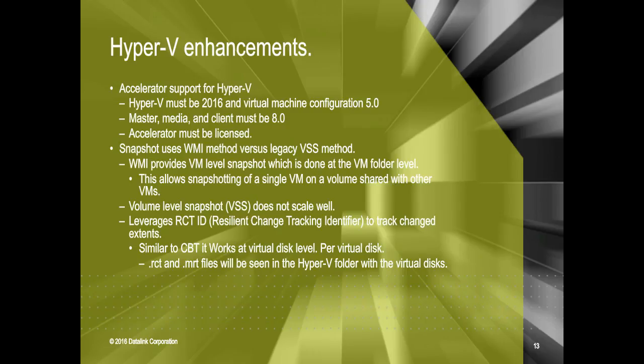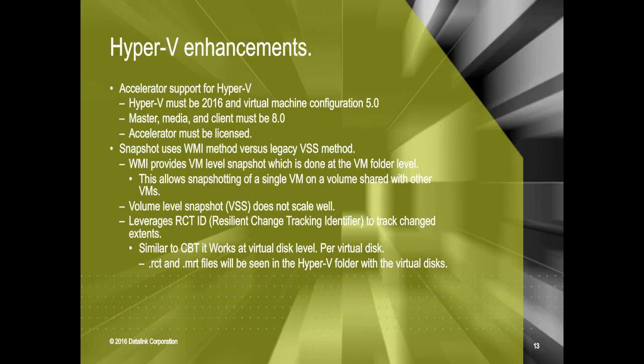Some of the biggest changes and enhancements that are happening in the background, the biggest one being the snapshot method. They are now using the WMI method versus the legacy VSS method. VSS was limited to snapshotting an entire volume, couldn't snap a particular folder on a volume.